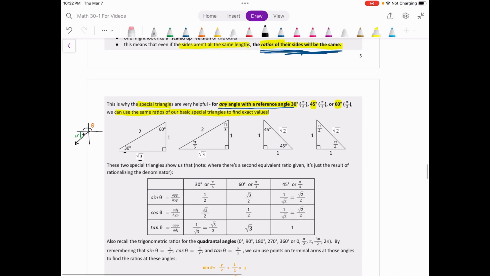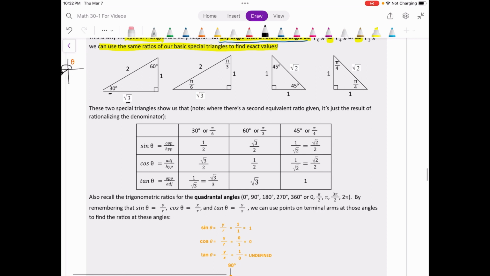So these two special triangles show us that the sine of 30 degrees will always be 1 over 2. Whenever there's a reference angle of 30 degrees, the sine of that angle will be 1 over 2, positive or negative depending on which quadrant we're in. The sine of 60, look, opposite over hypotenuse, root 3 over 2.